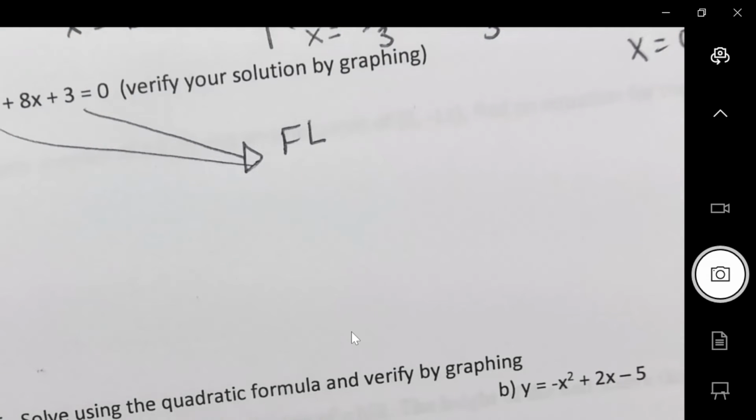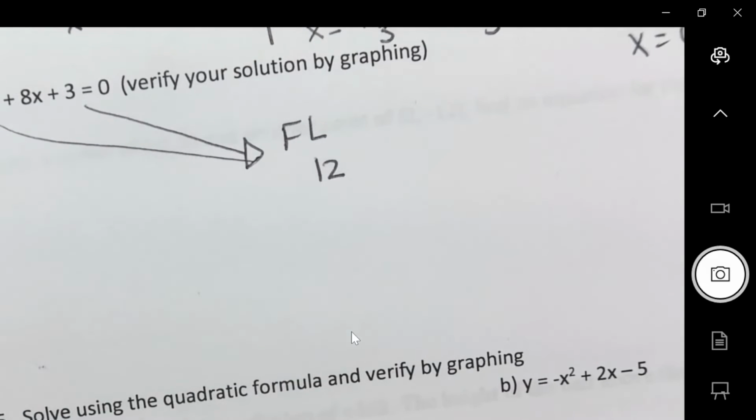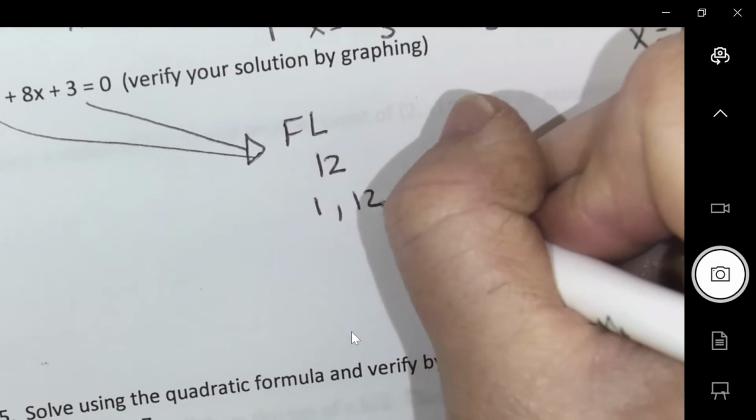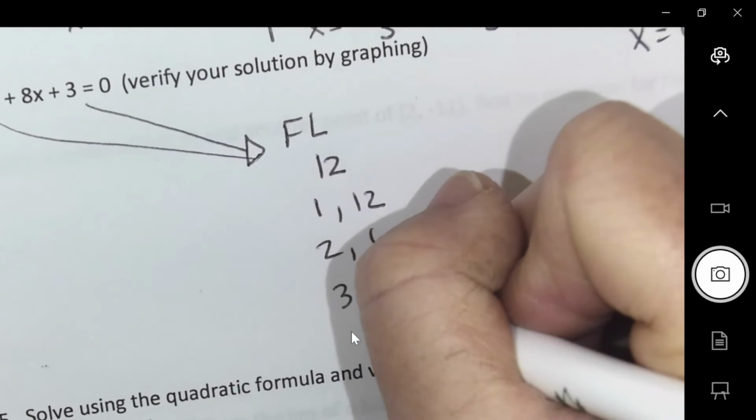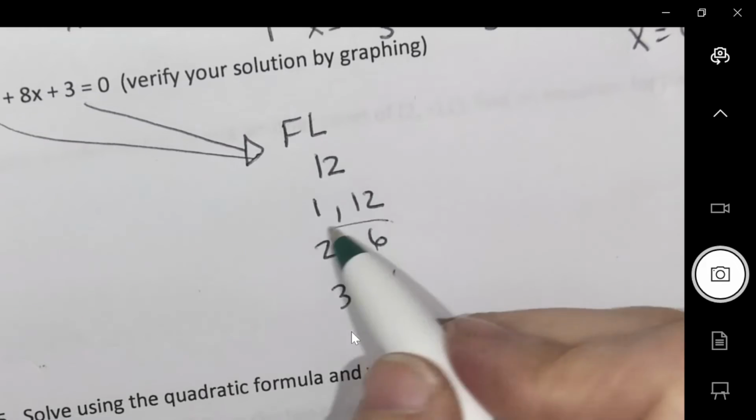We said, what's the first times the last? 12. How can I make 12? 1 and 12, 2 and 6, 3 and 4. Out of all those sets, I'm also going to have to add to 8. So how am I going to add to 8?